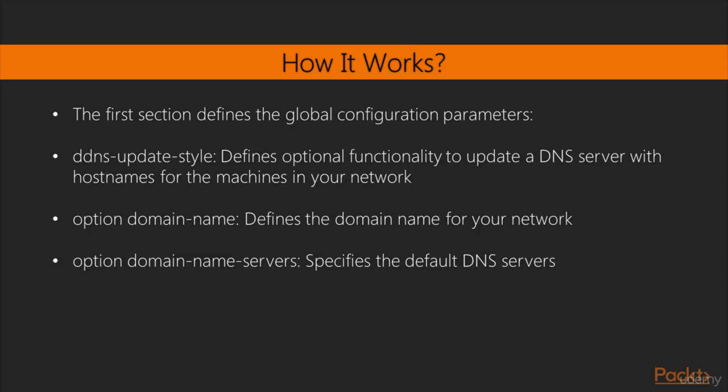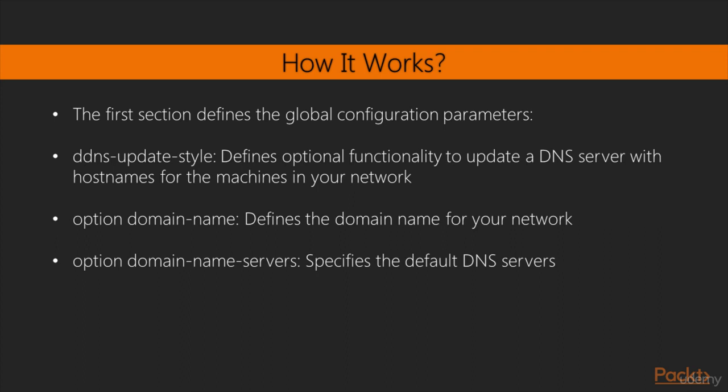The first section defines the global configuration parameters, ddns-update-style. This defines optional functionality to update a DNS server with host names for the machines in your network. Option domain-name. This defines the domain name for your network. On Linux DHCP clients, this populates the search field that specifies the domain to search in for non-fully qualified domain names.